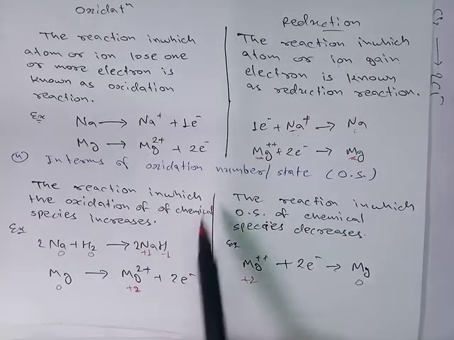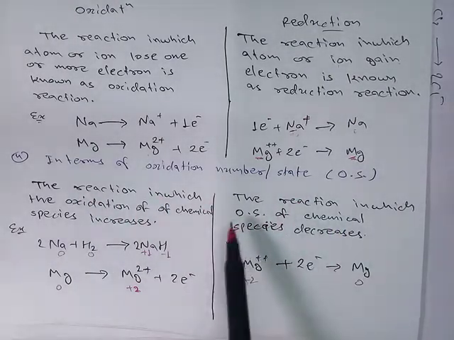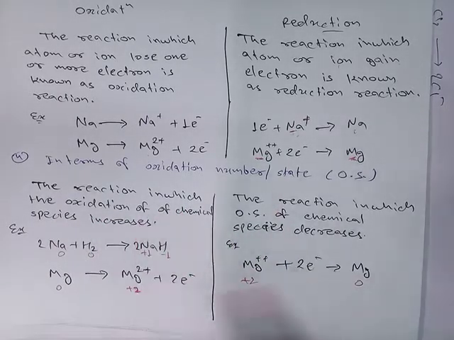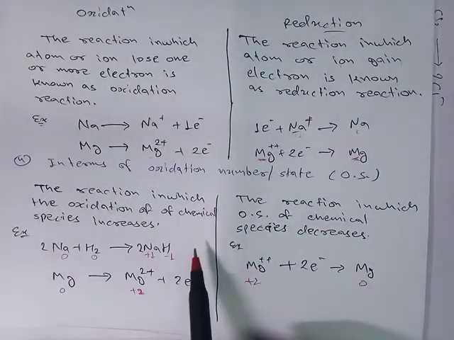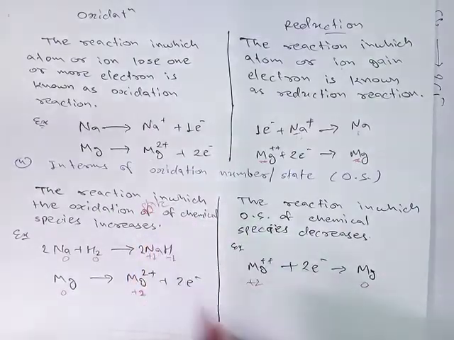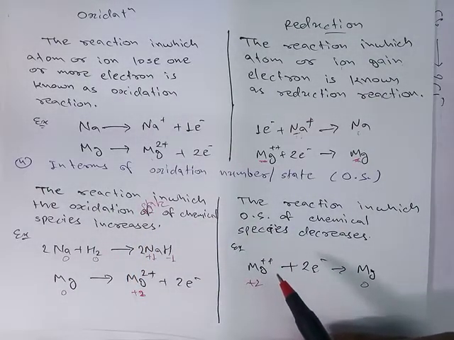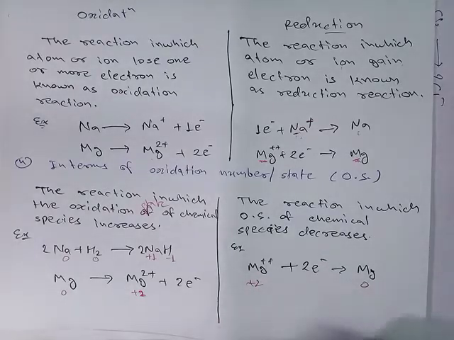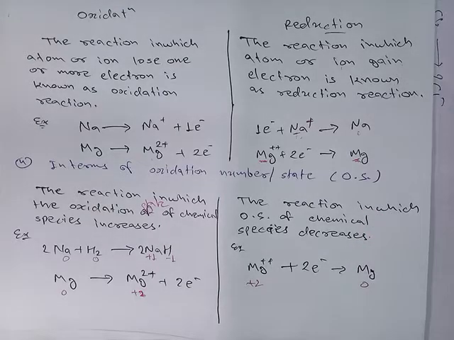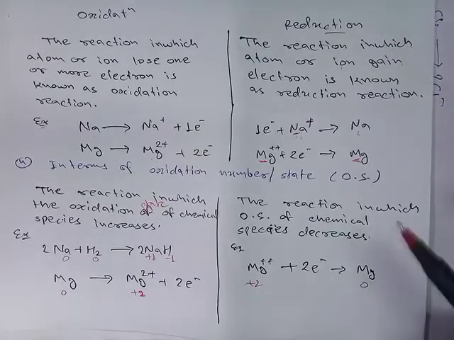The definition in terms of oxidation number: any reaction in which the oxidation number of an element or atom increases is known as an oxidation reaction, and the opposite, a decrease in oxidation number or oxidation state, is known as a reduction reaction.